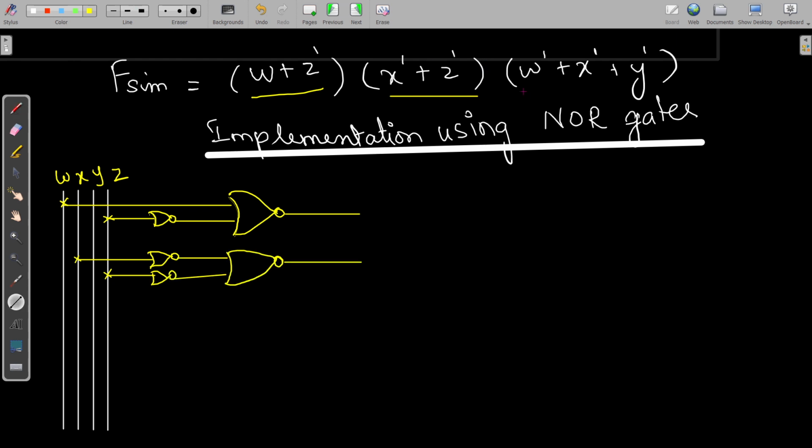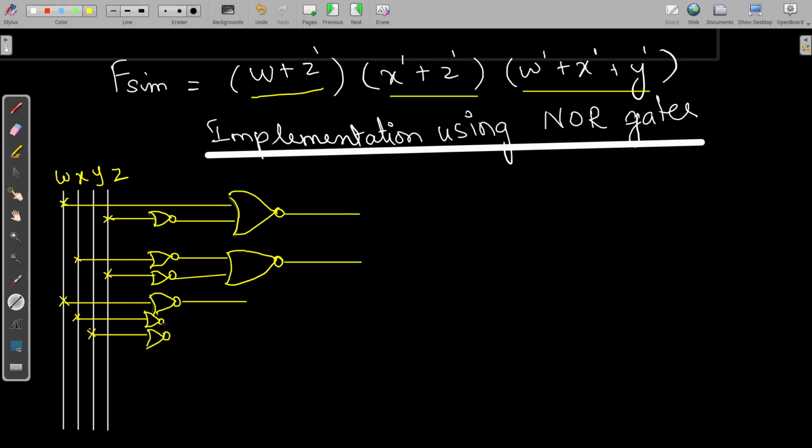Similarly we go for the third one. For the third one, w', x' and y' must be ORed. So we take the connection from w, it must be inverted, then x, it must be inverted, then y, it must be inverted.